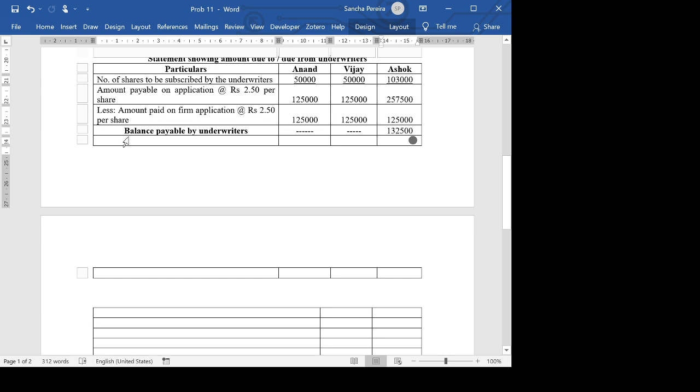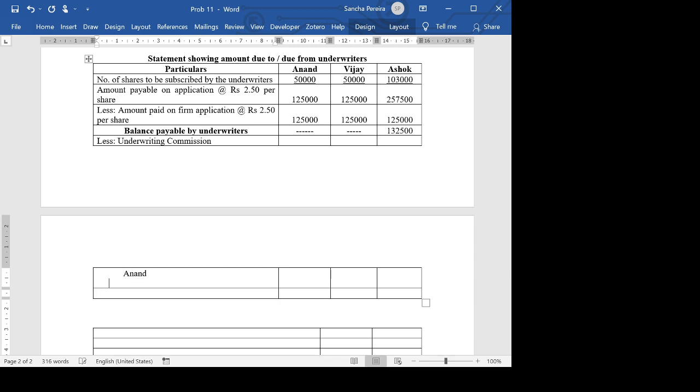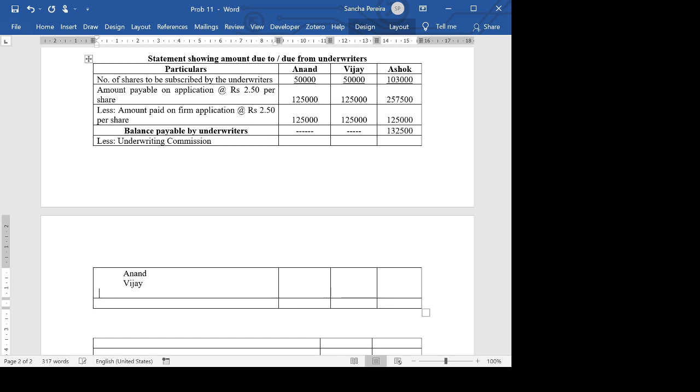Next, we see what the company has to pay the underwriters. So less underwriting commission. Anand, Vijay, and Ashok.